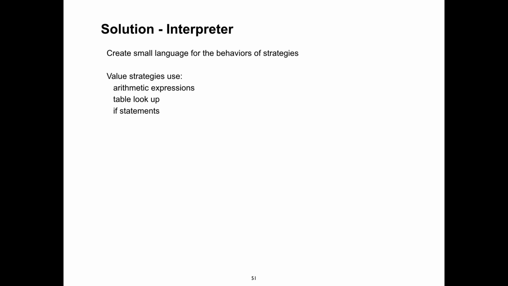We're even pushing more stuff to data, right? And now, once we create this little language that we can interpret to create our strategies, we can read that from a file, right? So we can start changing behavior just by changing data.